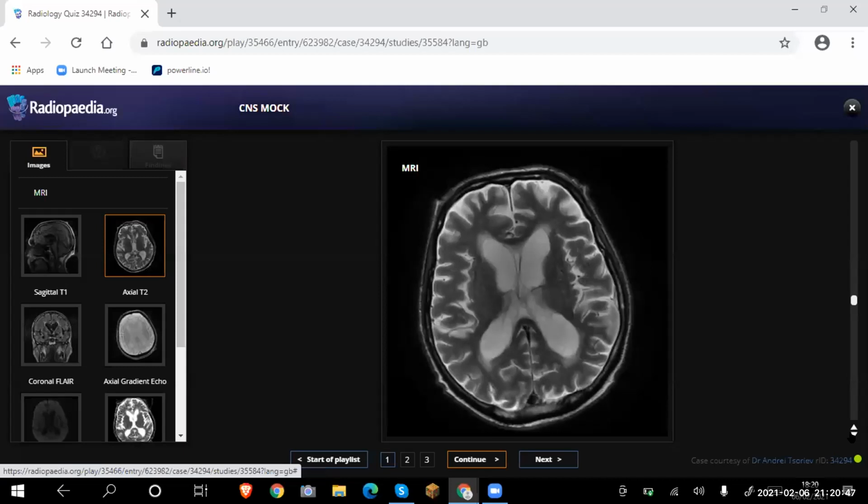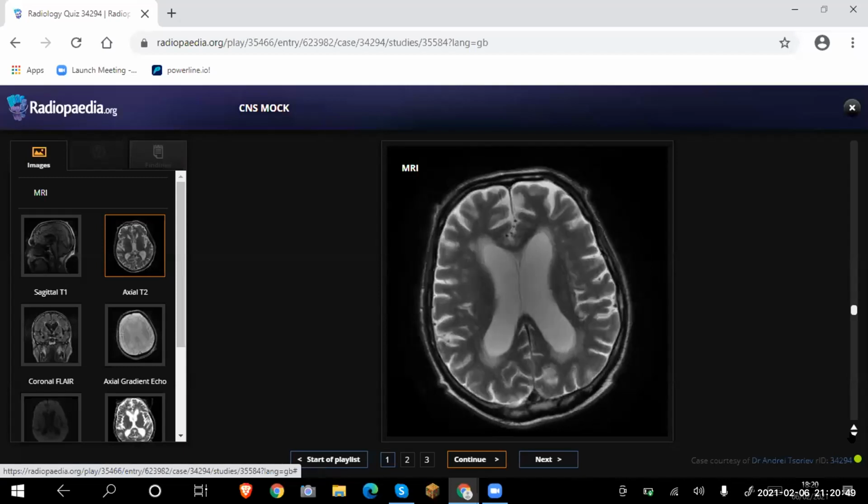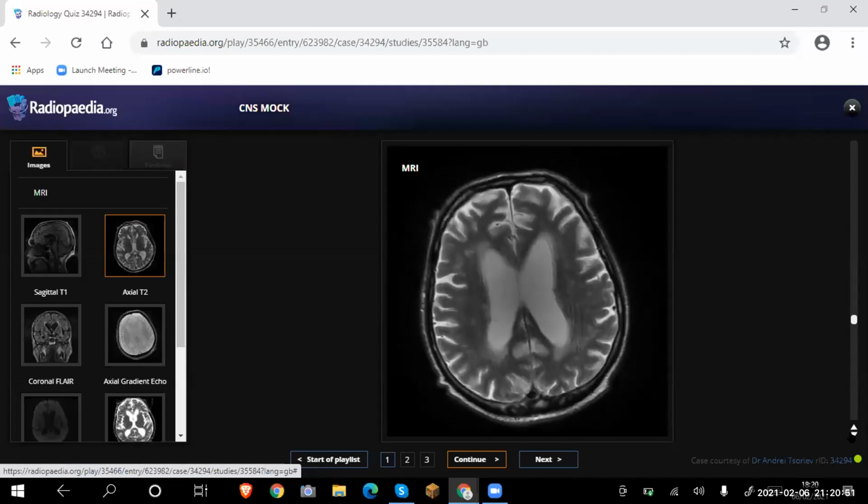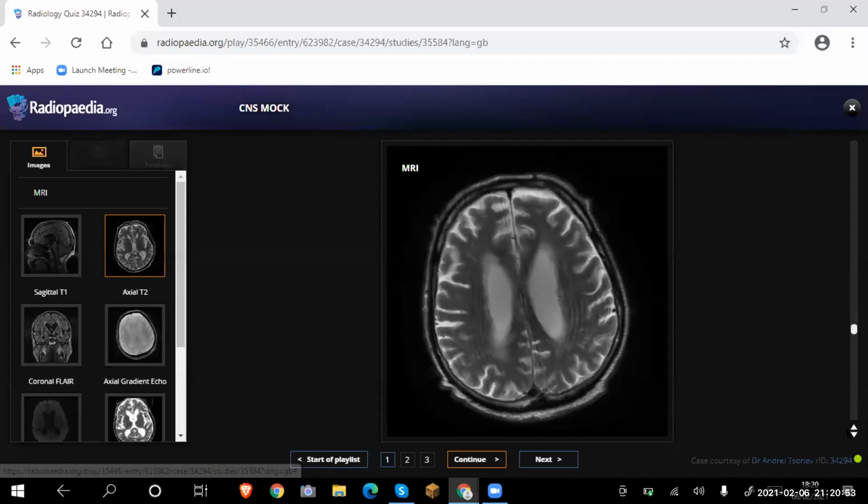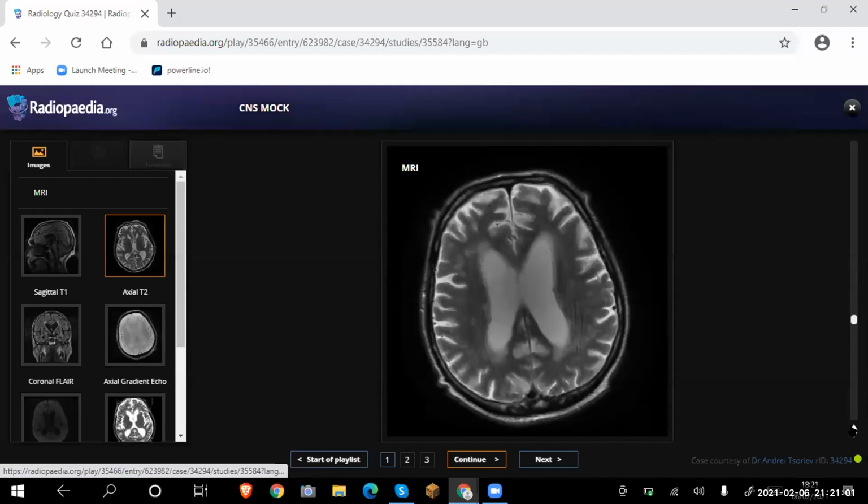Well, there are some tiny hyperintense lesions periventricularly and in the frontal white matter, both sides. Maybe these are small microischemic or lacunar infarcts, which goes with this age of patient.